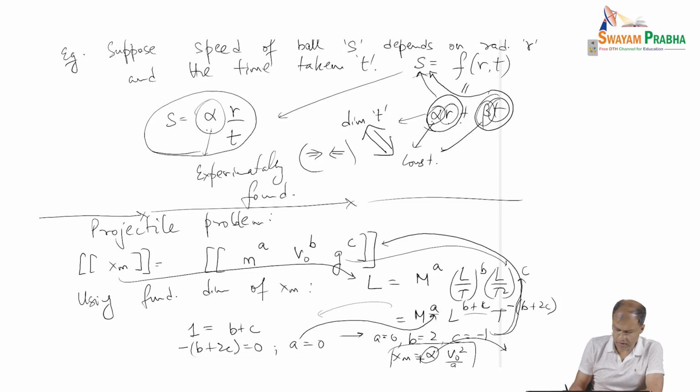So such a simple way of finding the solution, yet such an effective way, right? So alpha is a dimensionless constant, which is found experimentally.